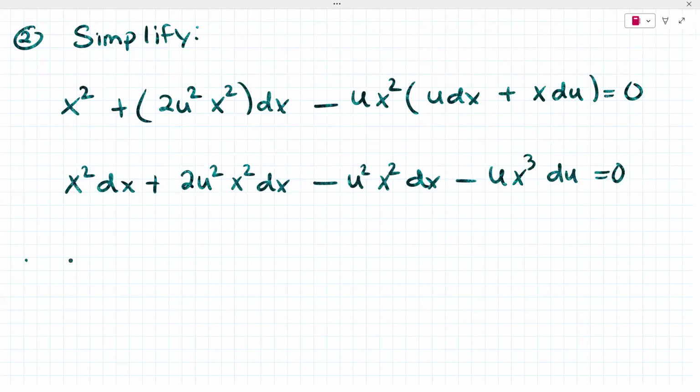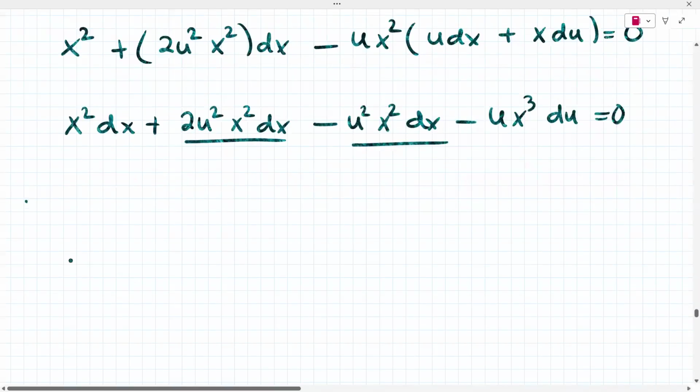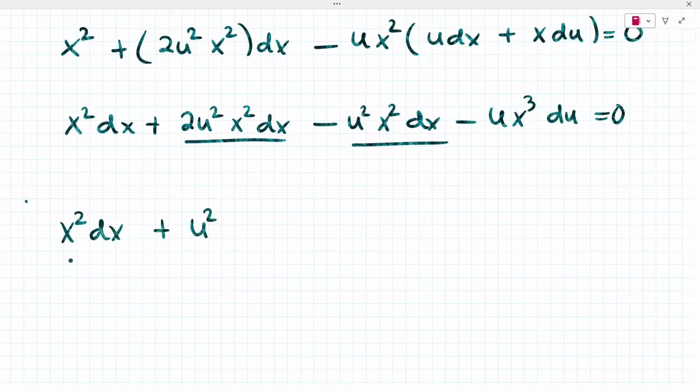And it looks like you can combine these two terms. So when you combine that, you get x squared dx plus u squared x squared dx minus ux cubed du equals 0.